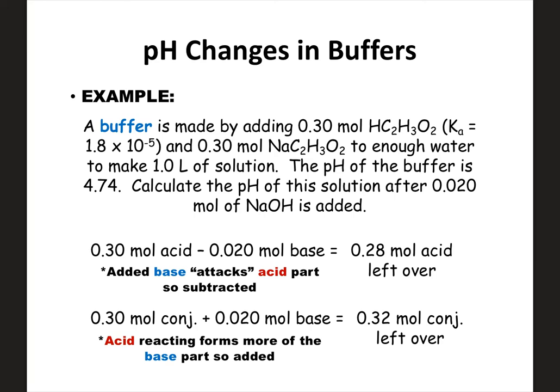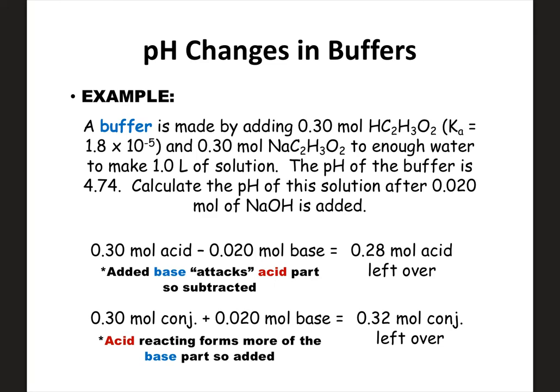According to the problem here, we have 0.30 moles of the weak acid. If this was in concentration, we would have to figure out how many moles of this we have, but it's nice, it's in moles already. So what this means is, if I have that many moles of acid in my buffer and I add this many moles of base, the added base and the acid that's there are going to attack each other, and essentially the acid is going to annihilate the base and destroy it.